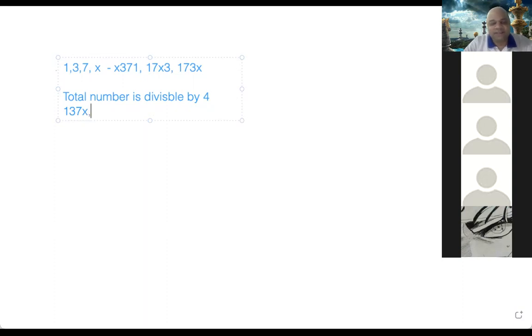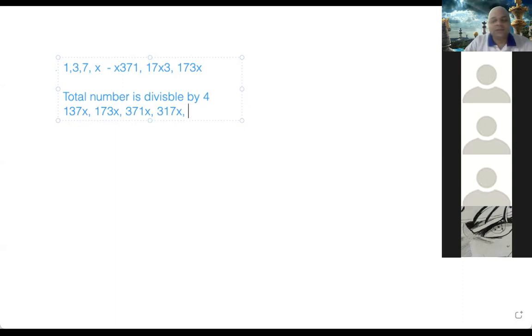It can be 137X, or 173X, or 371X, or 317X. Like this, 6 possibilities are there. But the last number is X, and it is not 1, 3, or 7, because the number is divisible by 4. So you got that clue.